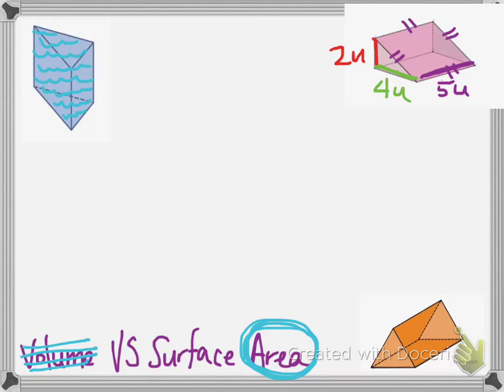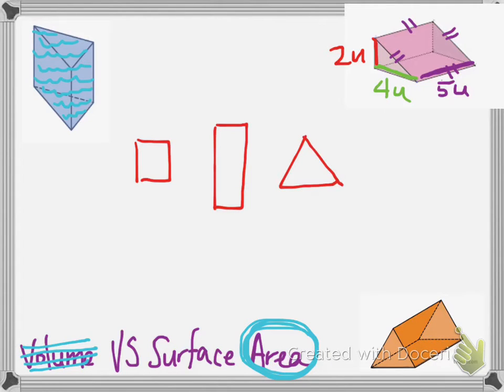When we did our two-dimensional geometry unit, we explored squares, rectangles, triangles, and the big idea there was understanding the difference between perimeter and area. Perimeter being a linear measurement where, you know, if I was a little ant and I was walking around the outside of my triangle here, how far did the tiny ant walk? Well, that's a linear measurement.